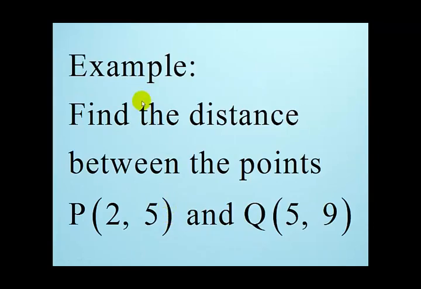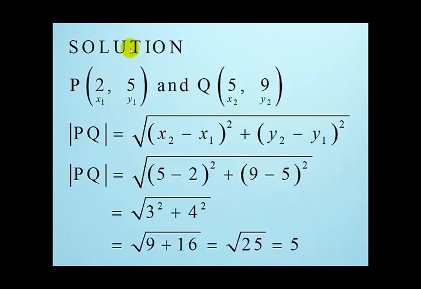Example, find the distance between the points P(2, 5) and Q(5, 9). These are the 2 points given in the question, and we are supposed to find the distance between them. Now from the question, let's look at the solution. Point P has coordinates (2, 5).